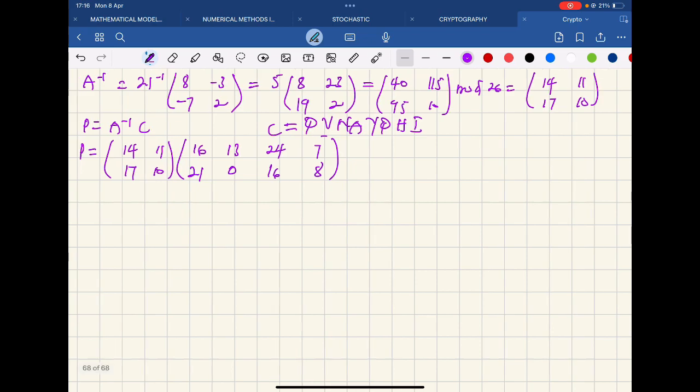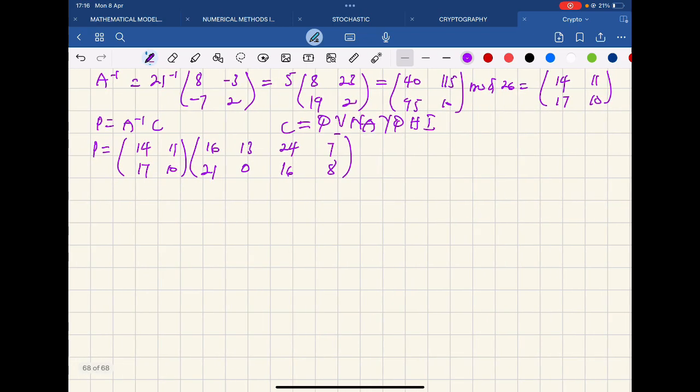Now, if you multiply these two matrices and you find your answer in modulo 26, this is what you're going to get: 13, 14, 0, 13, 18, 22, 4, and 17.